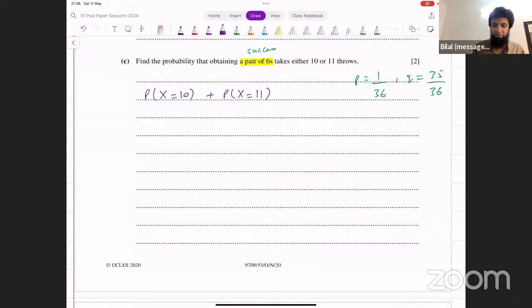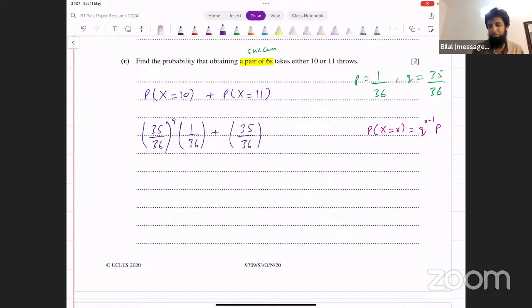Let's see what we get from this. Remember the geometric distribution formula. That is q raised to power r minus 1 times p. So this becomes 35 over 36 raised to power 10 minus 1, which is 9, into 1 over 36, plus 35/36 raised to the power 11 minus 1 basically, into 1/36.